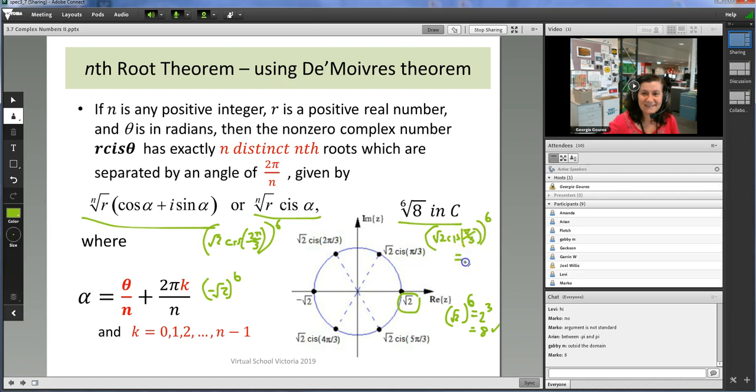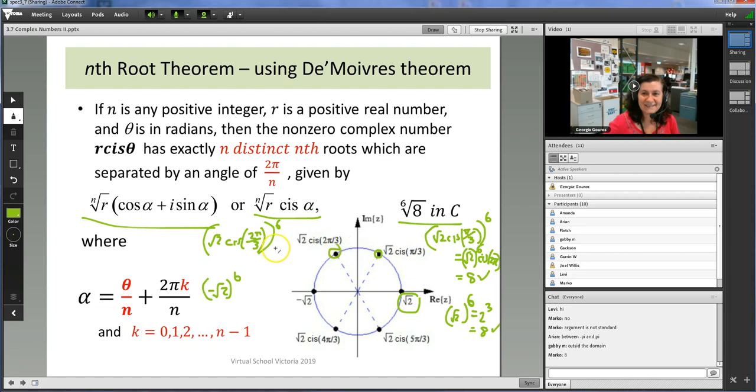That's going to be the same as root 2 to the power of 6, which we know from the previous calculations is okay, and that's going to be cis 2 pi, because we just multiply pi on 3 by 6. So cis of 2 pi is basically the same as cis of 0, which is the same as 8 as well. Happy with this? So we've done this one, we've done that one.